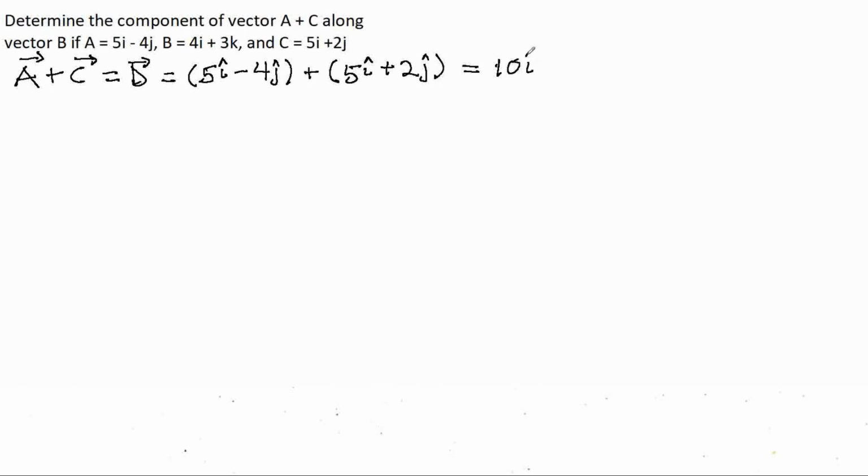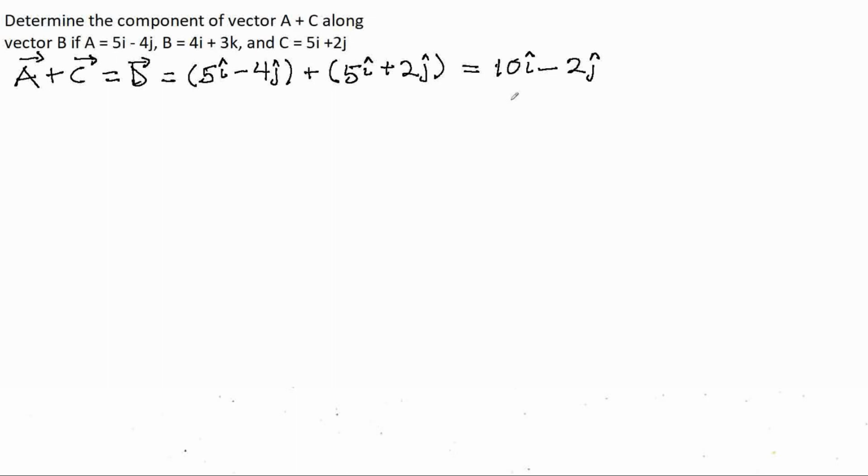Then negative 4j plus 2j gives us minus 2j. So this is the vector D, which is the resultant of A and C.